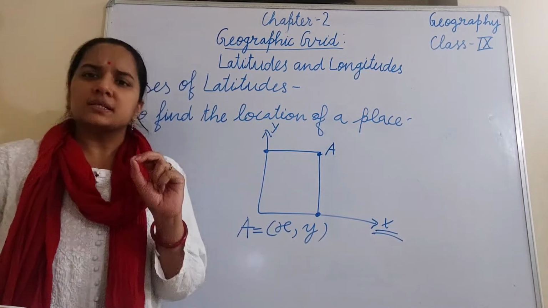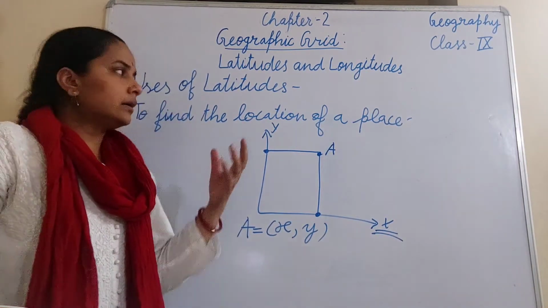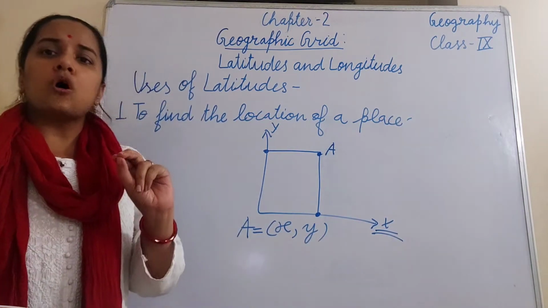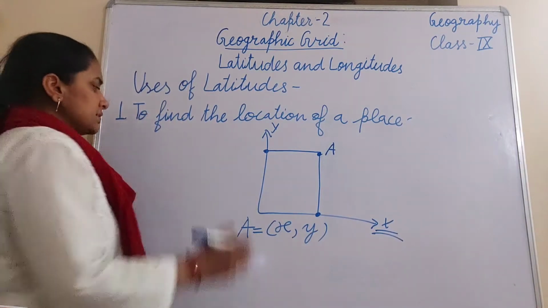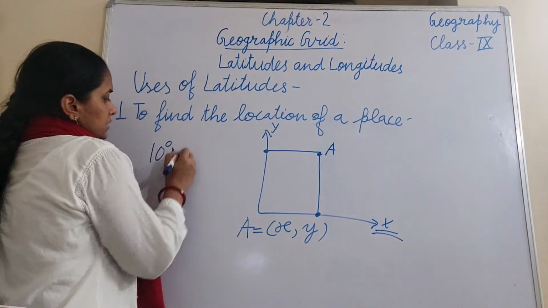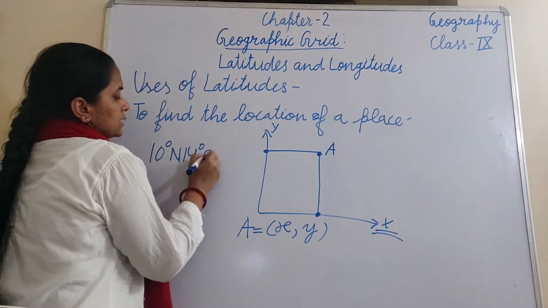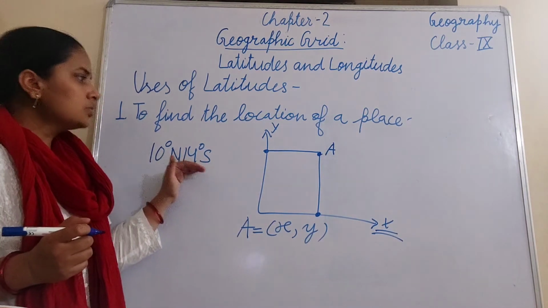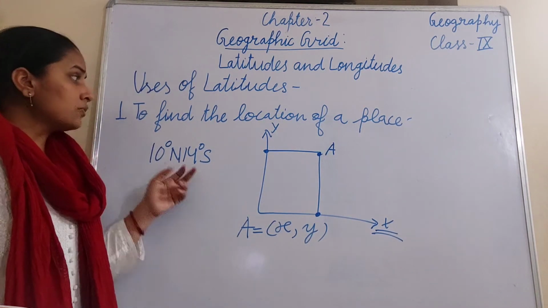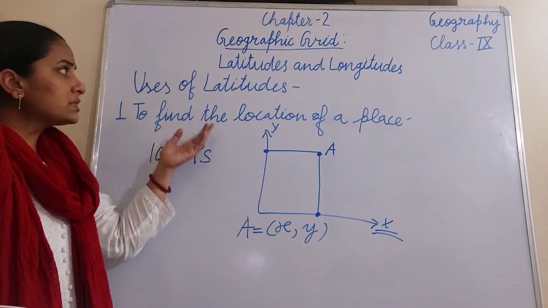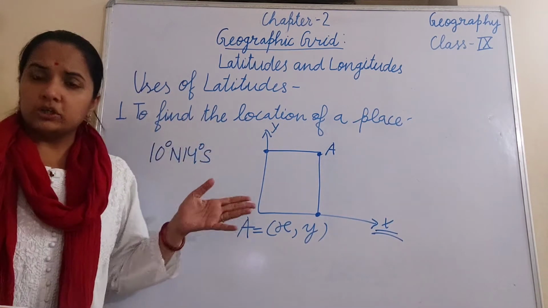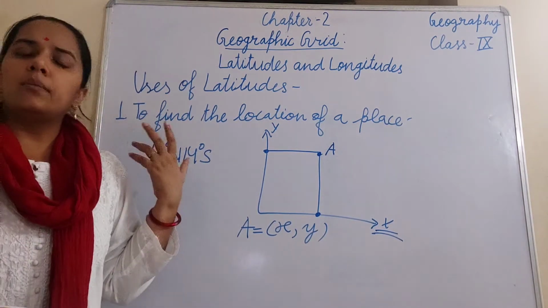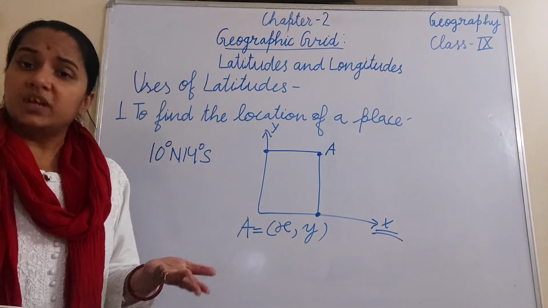If you have noticed, when the location of a particular place is given in terms of coordinates, how is it written? 10 degree north, 14 degree east or west. In this way the location of a particular place is given in terms of coordinates, on the basis of lines of latitudes or longitudes. You must have seen this in some serials or movies.